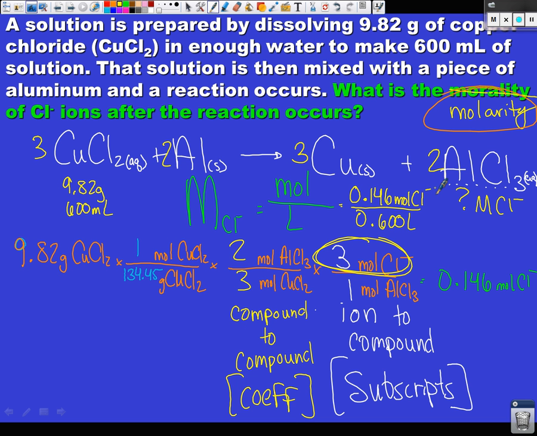That's how I know what the volume is. Okay? Did I really? I think I'm getting dyslexic. Now, what's your final concentration? So 0.243 molar chloride ion. That's a great question to end on, isn't it?